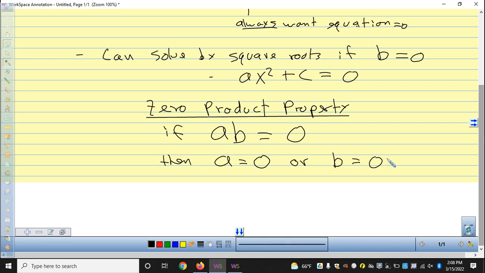One or the other of those numbers has to be 0 in order for us to get 0 when we multiply them together. That's the only way we get 0 when we multiply, is if one number is 0.